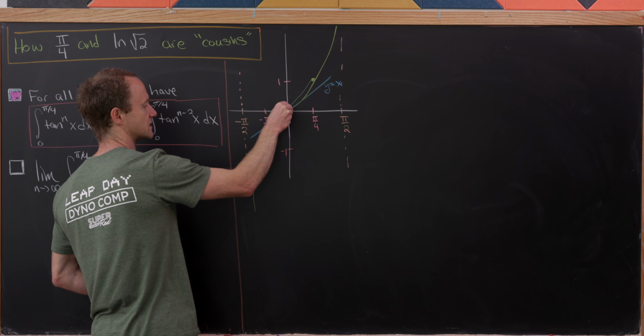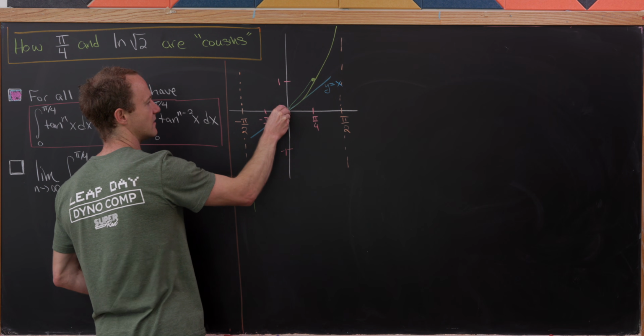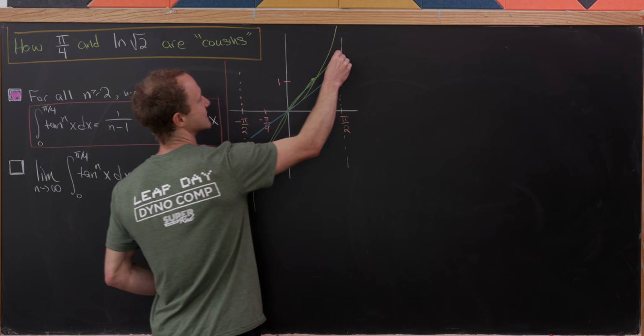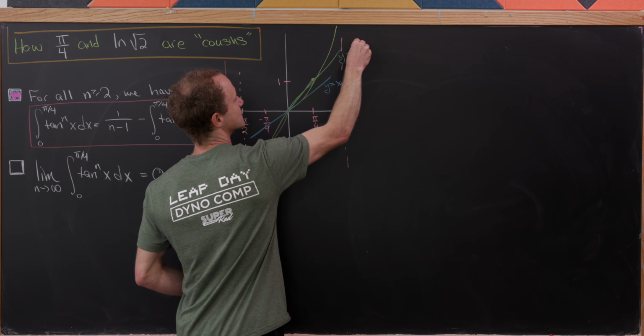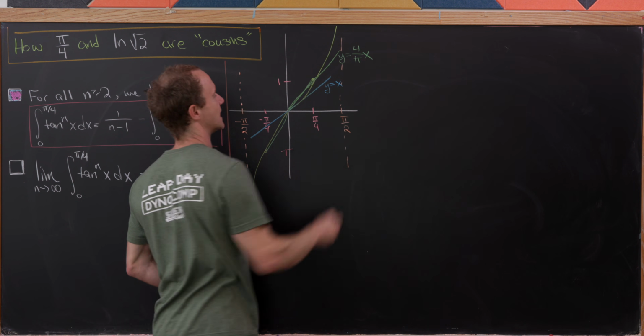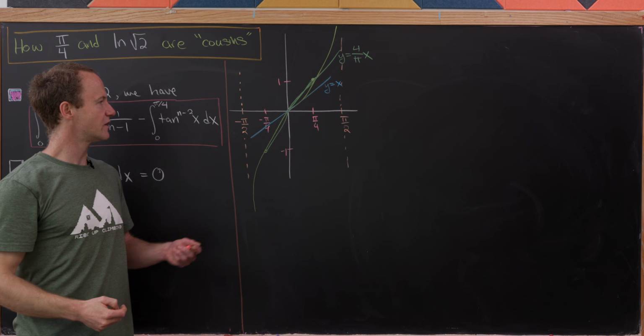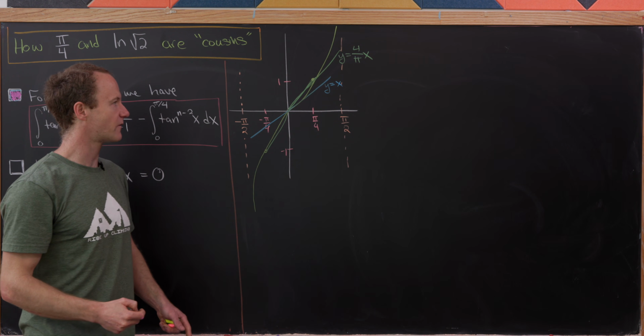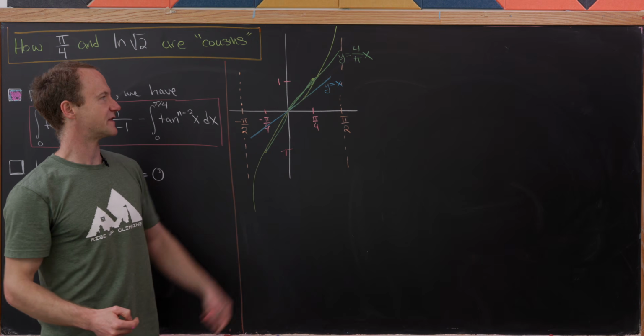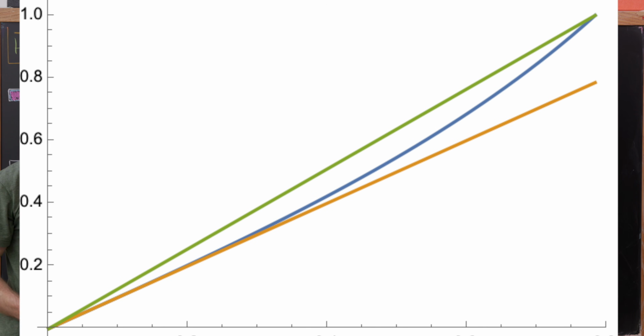So that's going to look something like this. Good. So that's going to be the line y equals 4 over pi times x. And the important thing to notice is between 0 and pi over 4, this graph of the tangent function lives between these two lines.